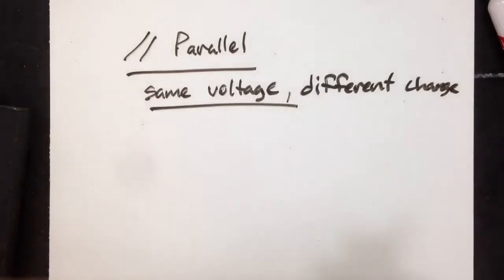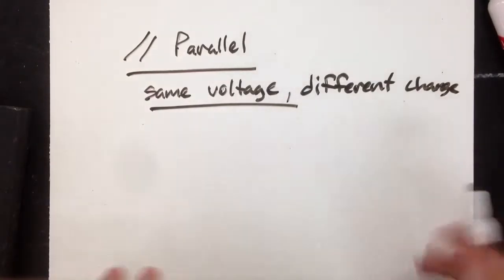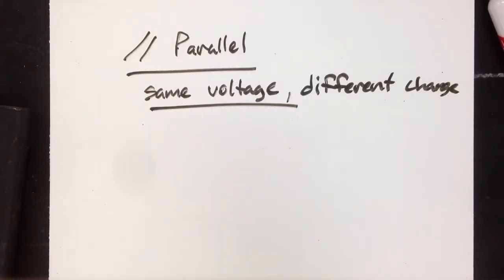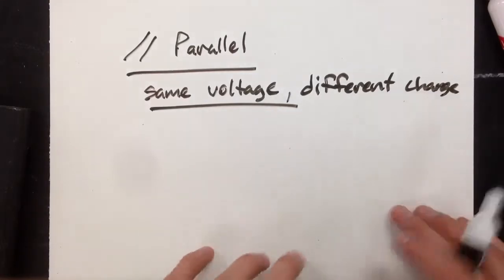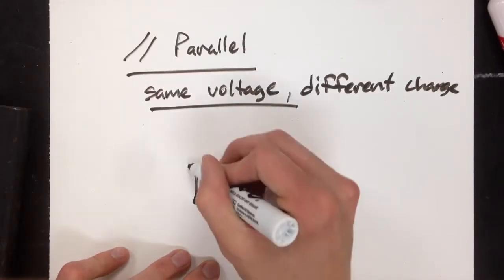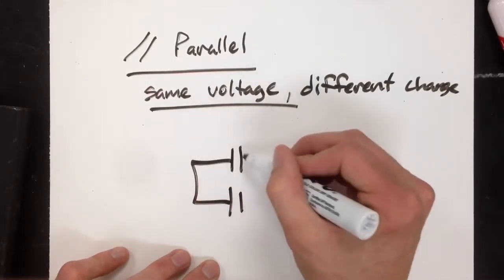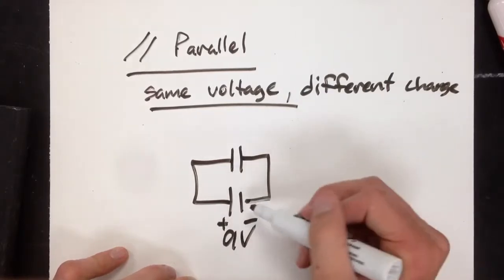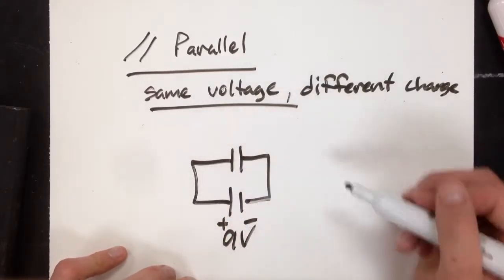Okay, so we figured out the equivalent capacitance. Well, we know the voltage across each of those capacitors. It's going to be 9 volts. Because again, if you think about our battery, we made that one capacitor. Well, here's 9 volts, so think about it like I start with 9 volts. Well, this thing also has to have 9 volts.